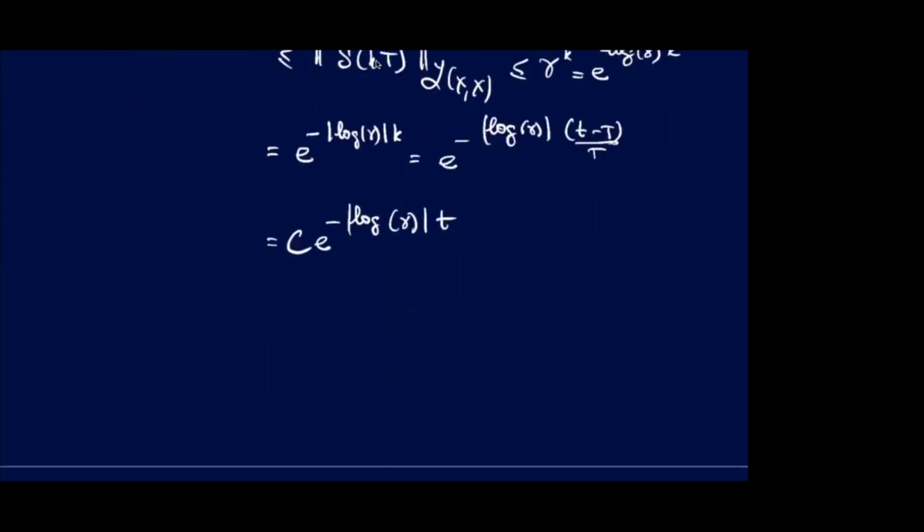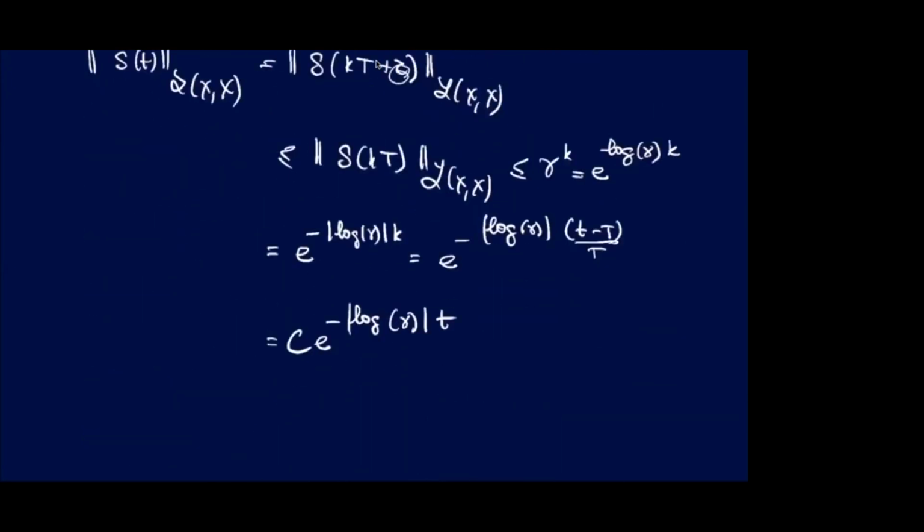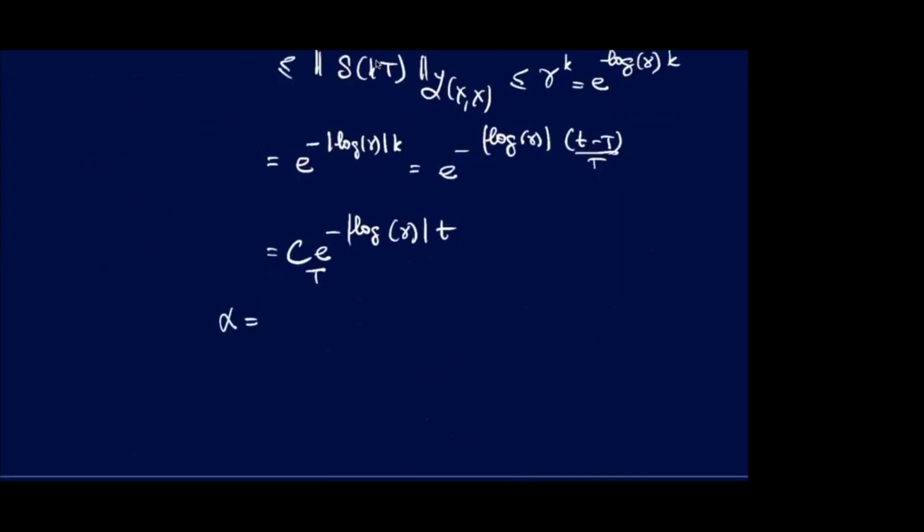So we see that in that case, because of the fact that just for some time value, gamma is less than 1, we get here a decay which is of the exponential order, the exponential decay, right? Sorry, there is a capital T here.